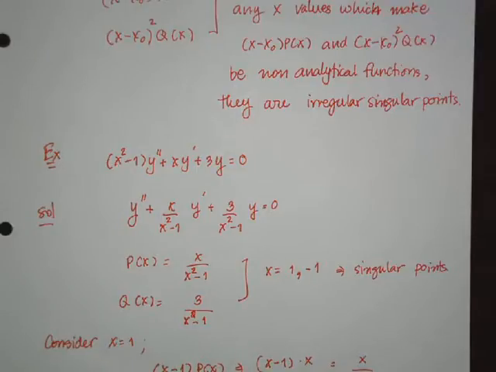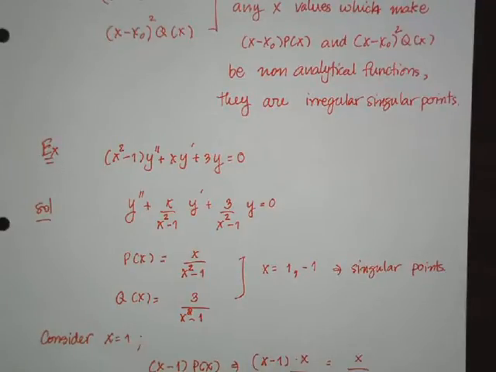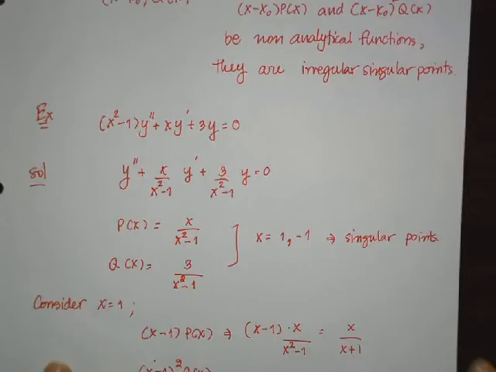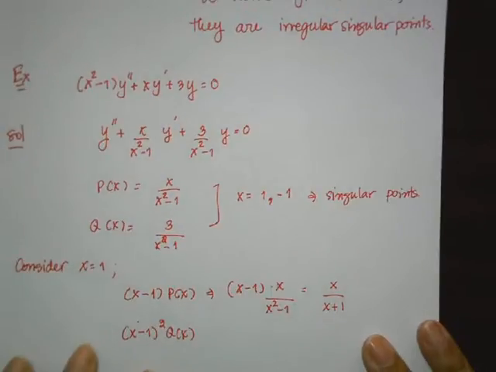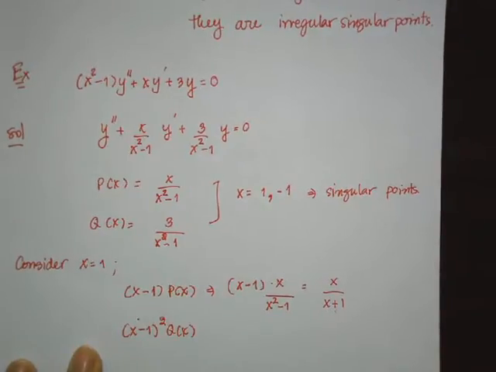Can we find the value if we plug x equal to 1 into this equation? Yes. So that means when you put x equal to 1 into this one, this function will be analytic. So x equal to 1 might be a regular singular point.